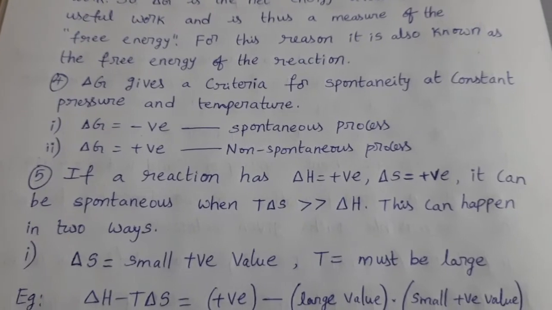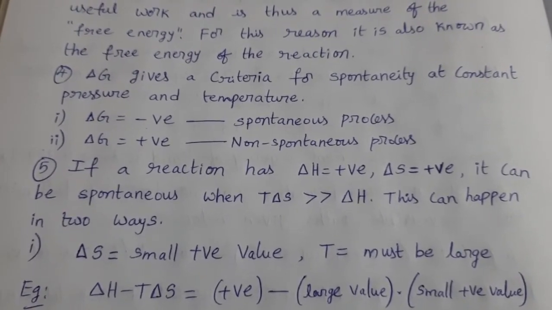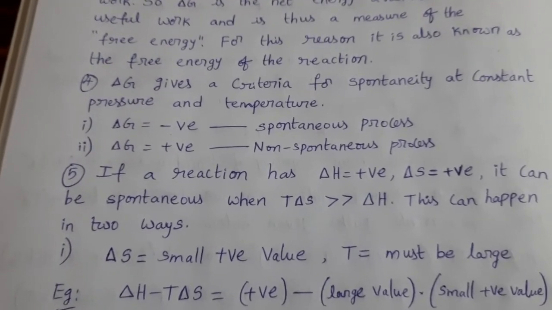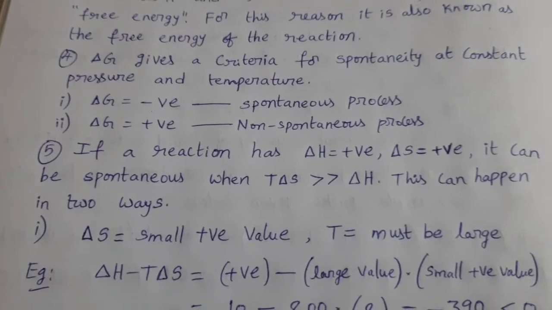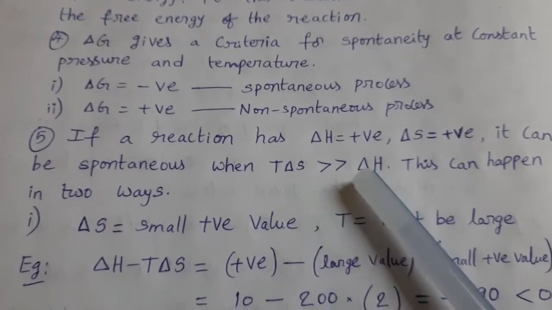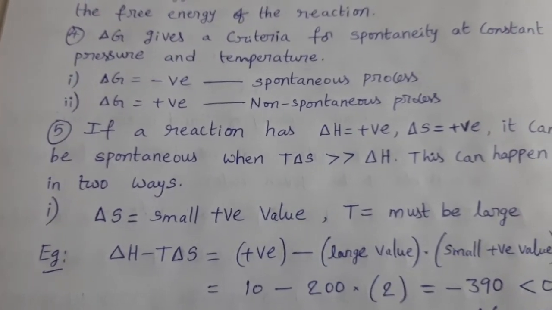Delta S is positive, change in entropy is also positive. Under these conditions, for a process to be spontaneous, what is the required thing? The value of T delta S must be greater than delta H, then only that particular process is spontaneous.